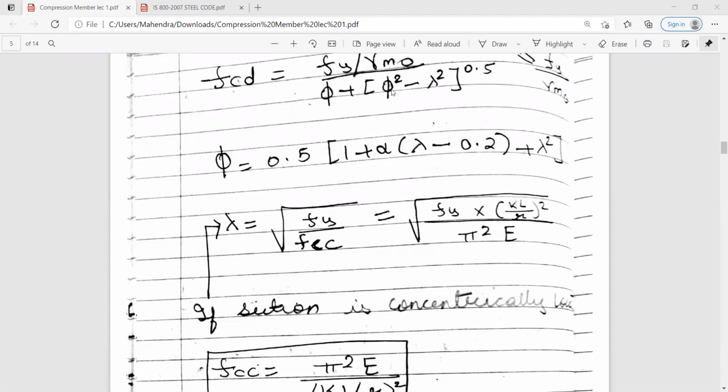Ma'am, what is that written, if section is concentrically loaded? If the section is concentrically loaded, you have to use this formula to calculate the slenderness ratio. Okay. In the question, they will mention whether the section is semi-compact, whether it is concentrically loaded, whatever the section is, they will mention it in the question.